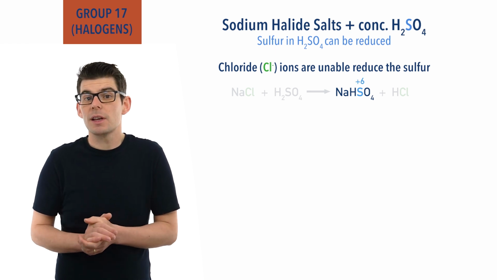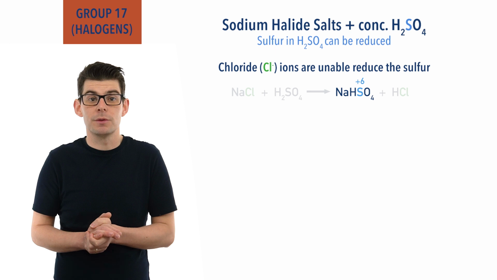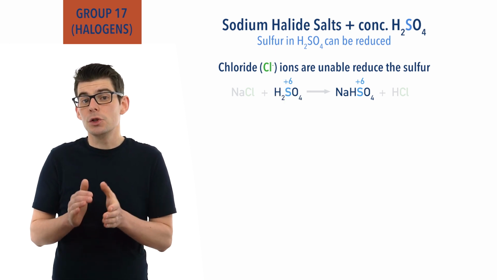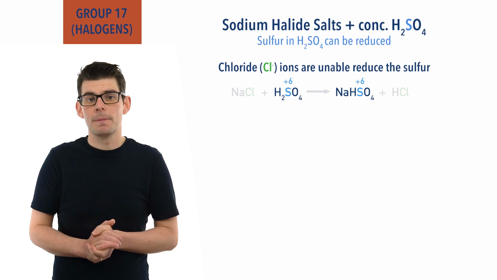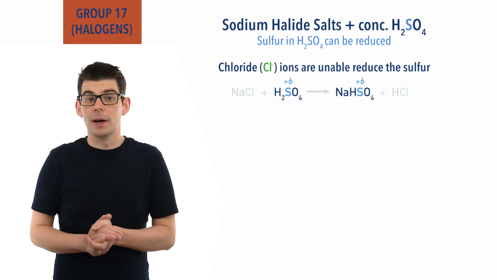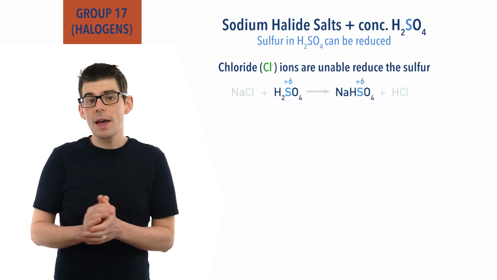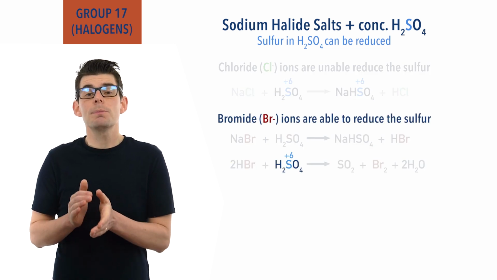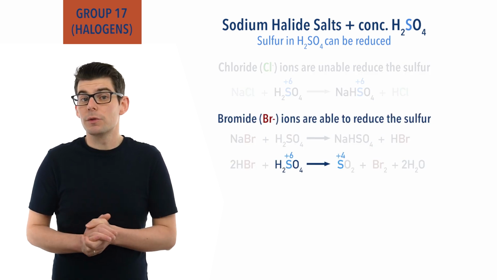As the oxidation state of the sulfur in the original H2SO4 was also +6, it remains unchanged, meaning no reduction of the sulfur. Bromide ions from sodium bromide, NaBr, are able to reduce the sulfur from a +6 oxidation state to +4, forming sulfur dioxide, SO2.